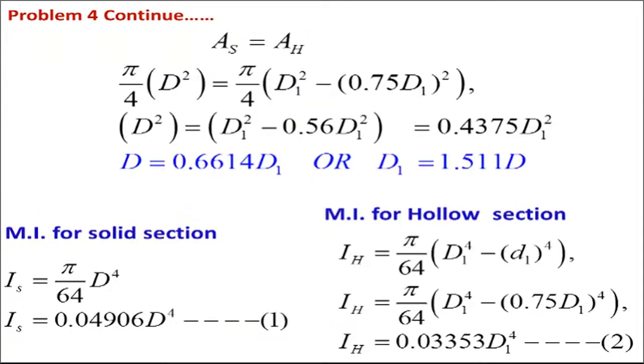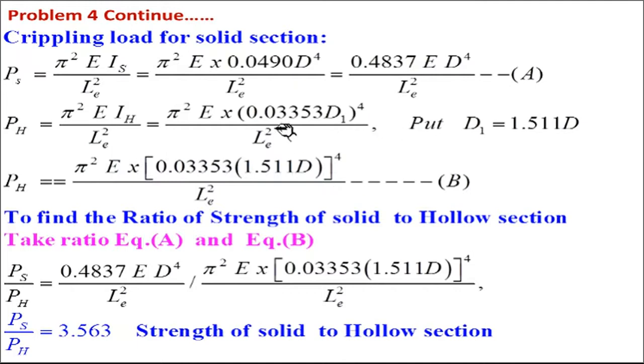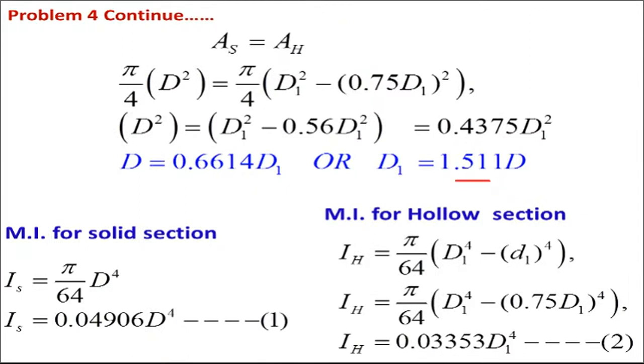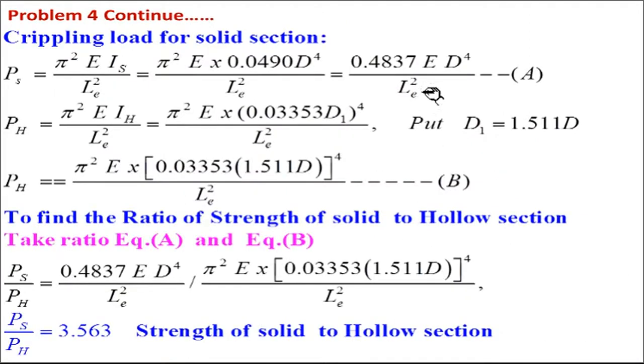One thing, it is d1 raised to 4 here, so write it as it is, then put d1 is equal to 1.511 D, which we have proved here. All the terms should be in one entity. Here it is D and here it is D1, which is not acceptable, so that's why I am converting this D1 in terms of D. So we will get the strength of the hollow section in this way.